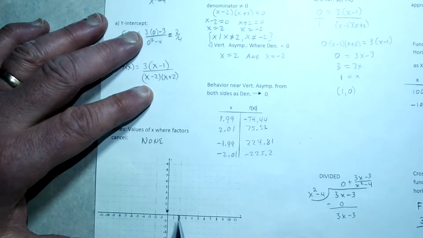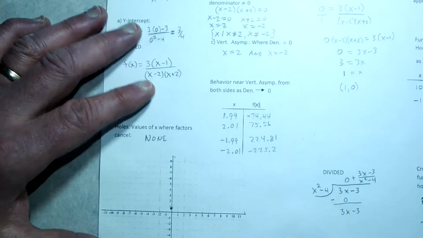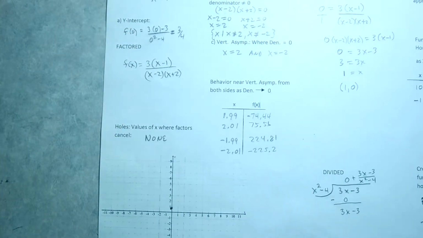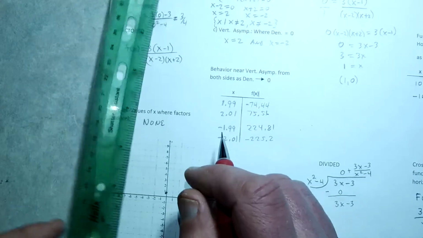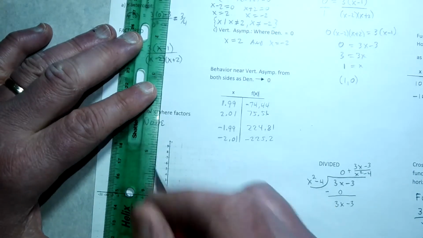So I'm going to see some extreme solutions as I get really close to those asymptotes. Let me grab a ruler and put those asymptotes in, at -2 and +2.